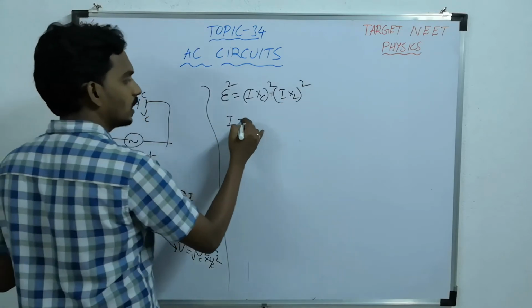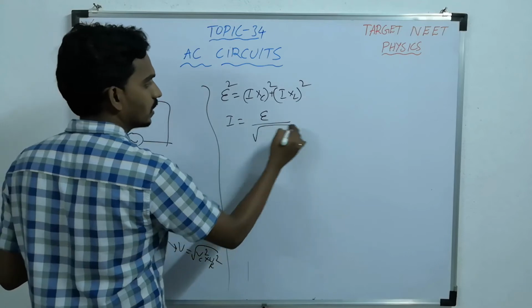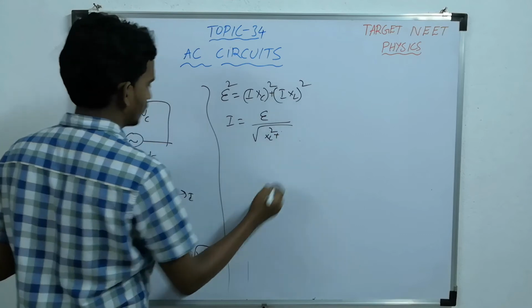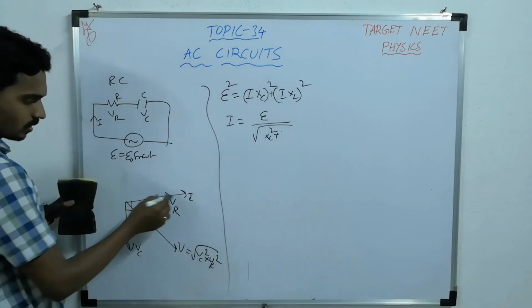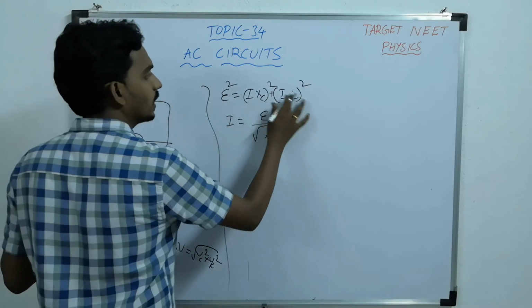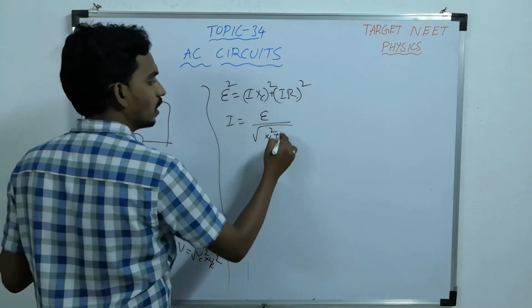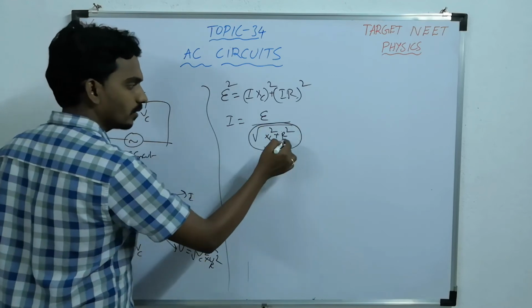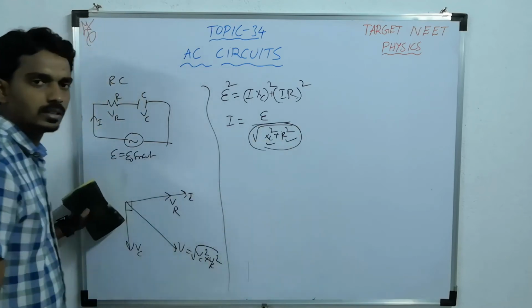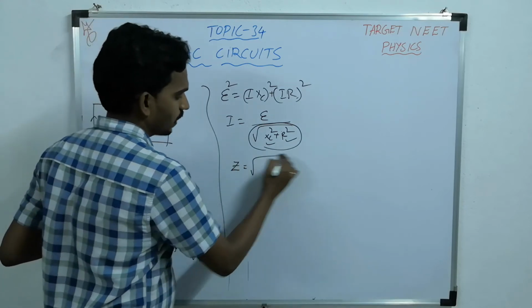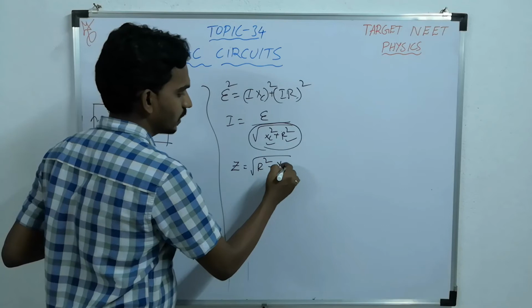So I becomes epsilon divided by under root XC square plus R square. This is the resultant of resistance and reactance, which is why it is called impedance, Z, under root R square plus XC square.